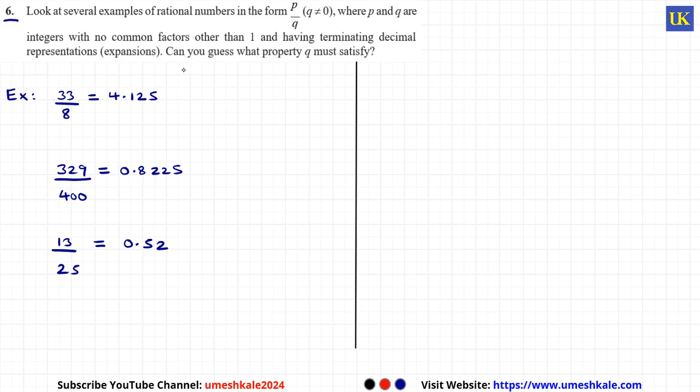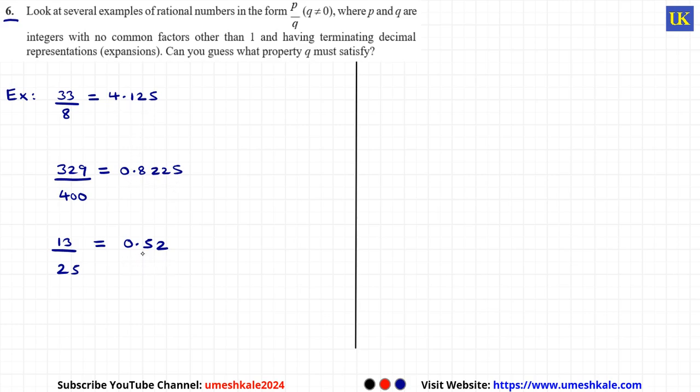So what kind of property must q satisfy to get all these results, terminating decimal expansion results?